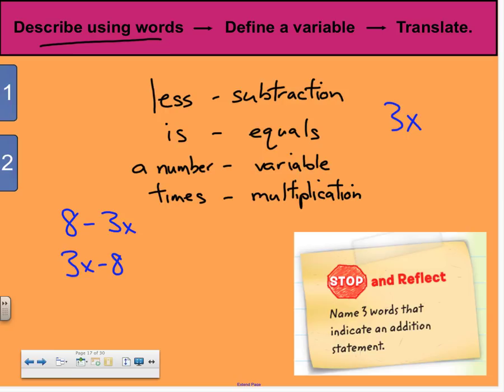She thought this one, 3x minus 8, and that would be correct. So think about situations where you say something like this. If Anthony weighs 10 pounds less than Corbin, how do we find out how much Anthony weighs? We take Corbin's weight and subtract 10.